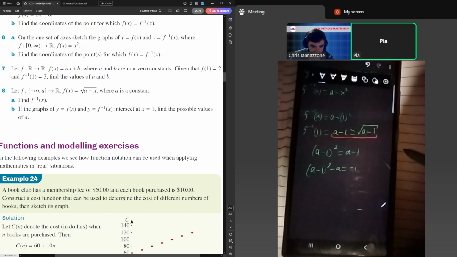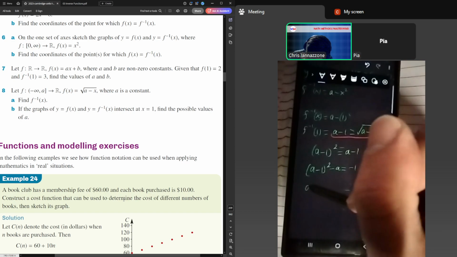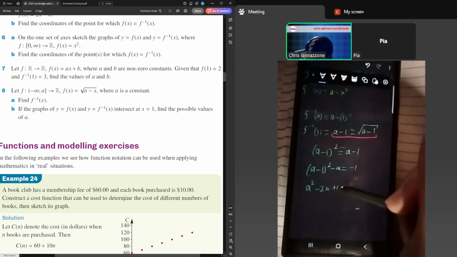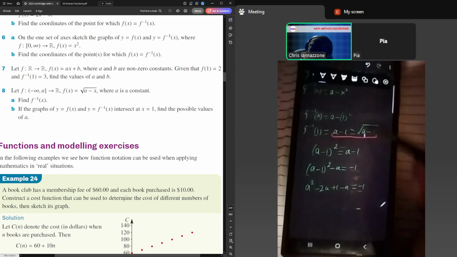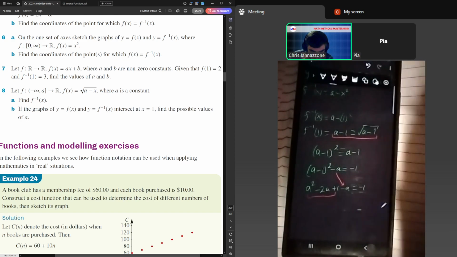Would we expand the a minus 1 squared? Yep, I'd like to do that. So you're going to have a squared minus 2a plus 1 minus a equals minus 1. So that minus a came from here. That was just the expansion there.